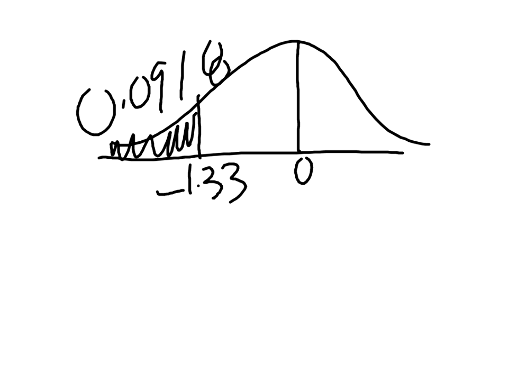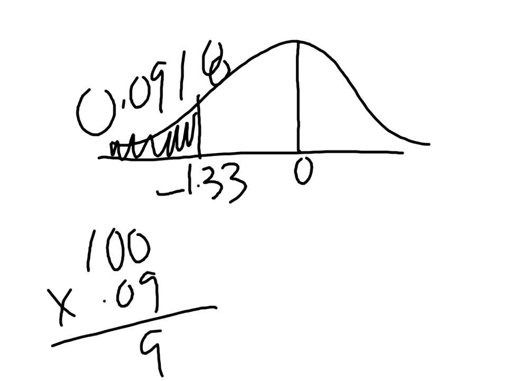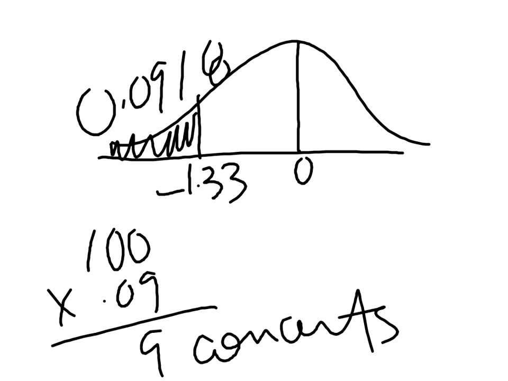About 9% of the concerts have less than 112 decibels as the average intensity. So remember that if we had 100 concerts and about 9% of them had decibels less than 112, then we would just simply multiply those together. I'm just going to round this, and that's fine. It turns out that it would just be 9 concerts. Now, if there were 1,000 concerts, it would be 9% of 1,000, or about 90.